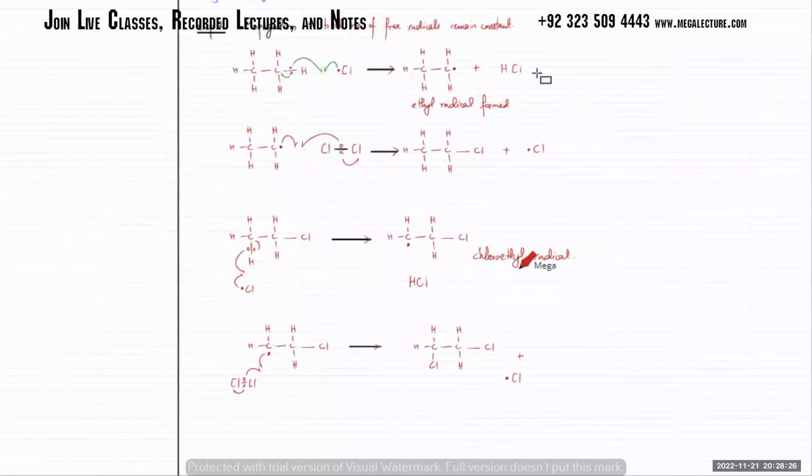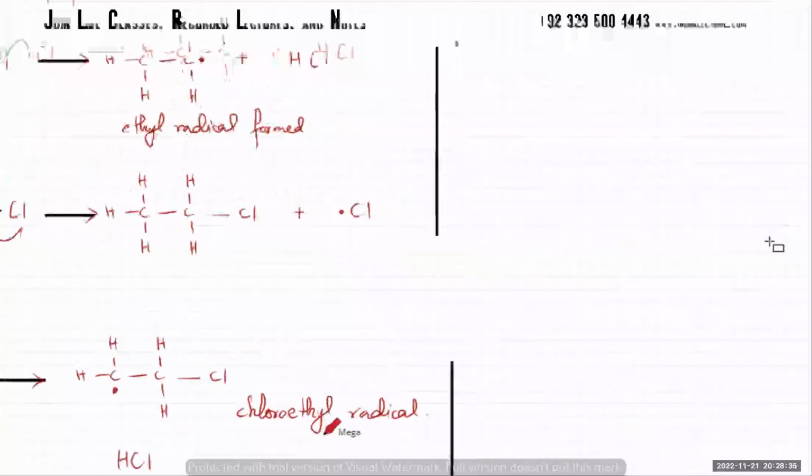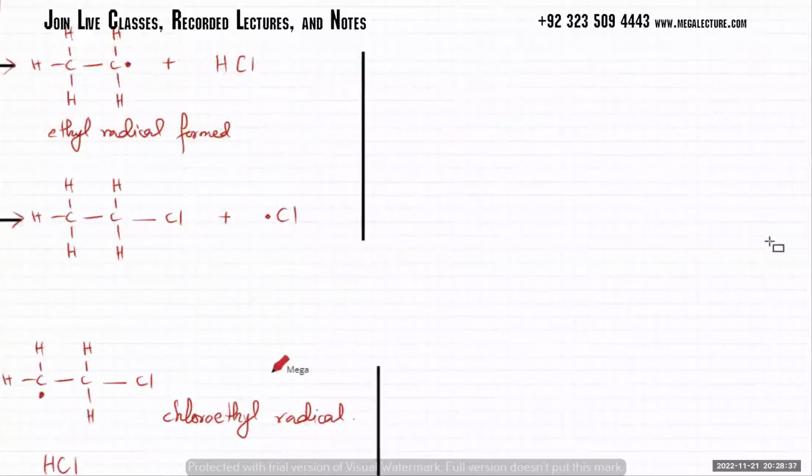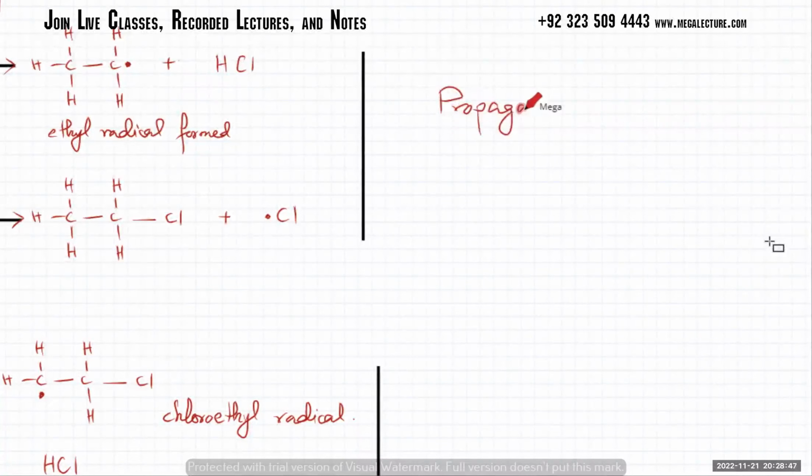So let me draw these 2 steps. All of them basically happen in 2 steps. Okay, so this is your propagation step. Then you have another of those propagation steps.